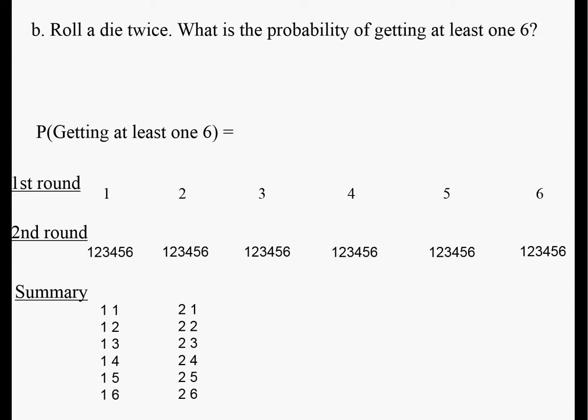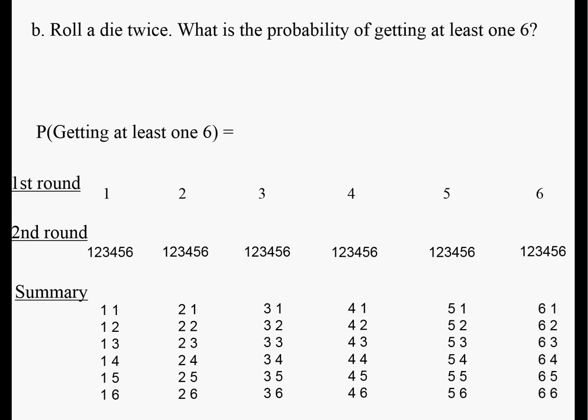So you could get 3, 1; 3, 2; 3, 3, so on and so forth, or 4, 1; 4, 2 through 4, 6, or 5, 1 through 5, 6, or 6, 1 through 6, 6. So you have this 36 possible outcomes, 36 possible combinations of two numbers. So these 36 combinations of two numbers are the total possible outcomes when you roll a die twice.